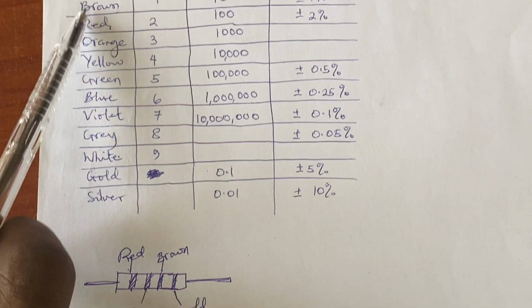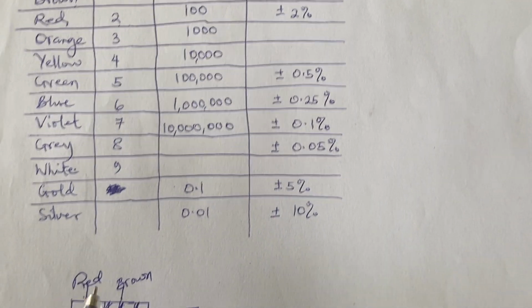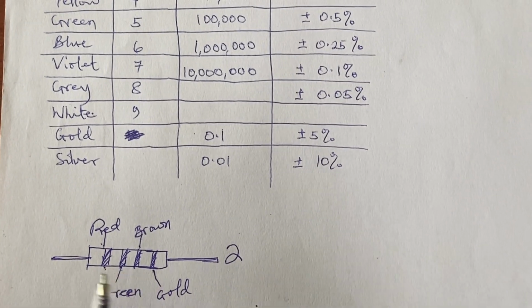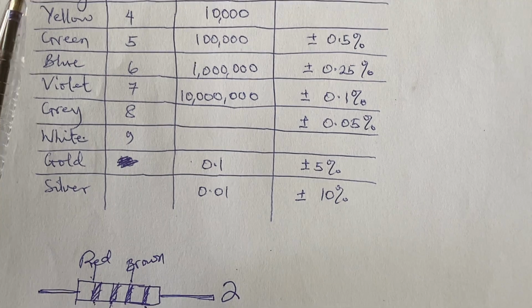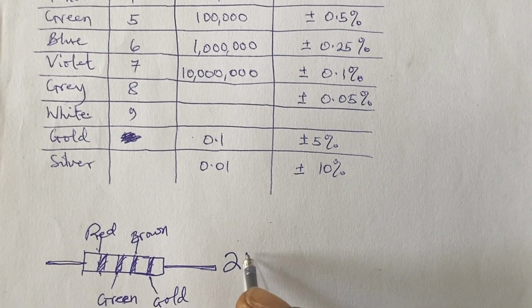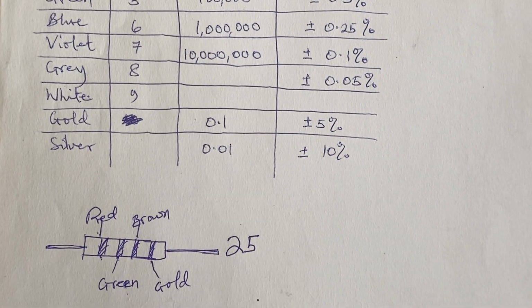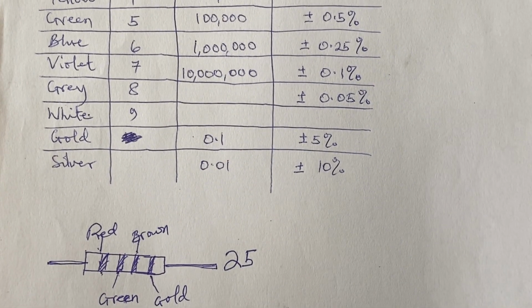If you check, the value of red is what? 2. So we have 2 as red. Then move to the next color, which is green. We have it as what? As 5. You write it down. Then also we have the last primary color. I told you about the primary colors there.